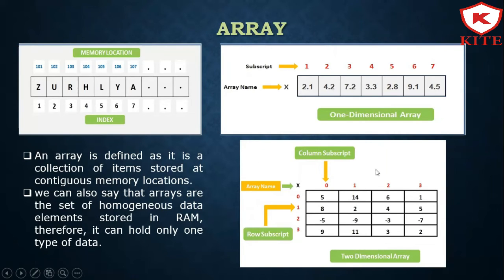This is the example of a two-dimensional array. First, the array name is X. This is a row subscript and a column subscript, meaning the index of the row and the index of the column.